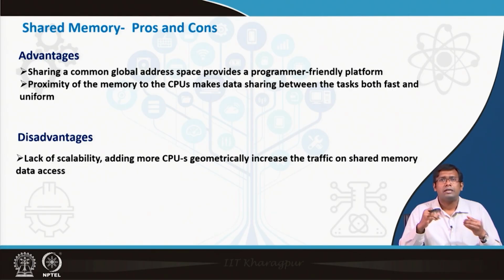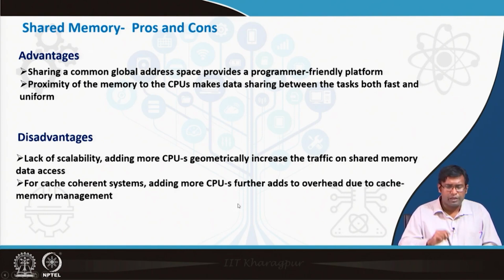Therefore, the traffic on reading or writing the memory increases, because it is almost contiguous locations which different processors are trying to access, and there can be a lack of bandwidth. For cache coherent systems, adding more CPUs adds more overhead, because this cache memory management has to be established by different CPUs.